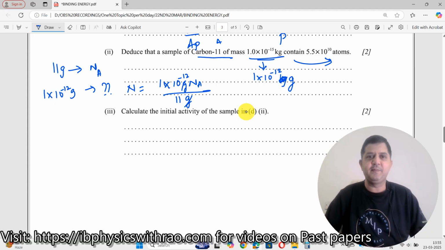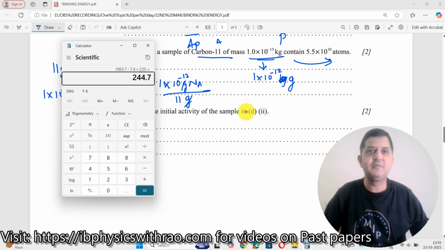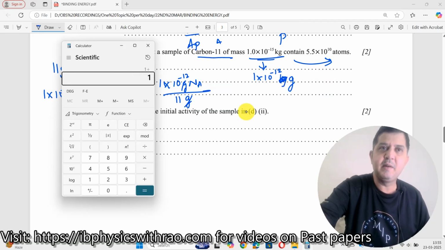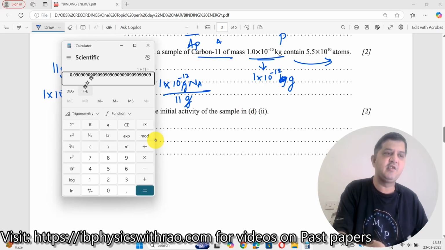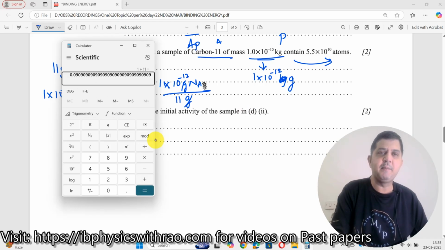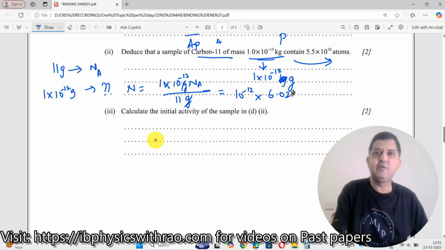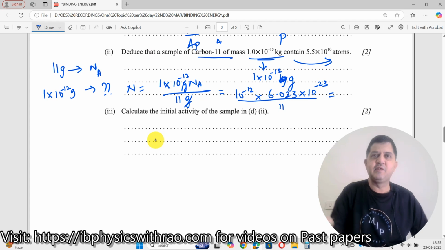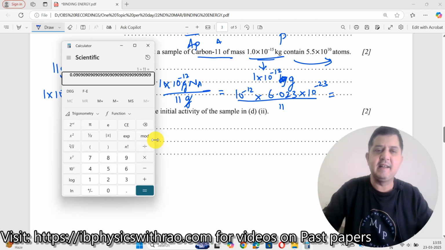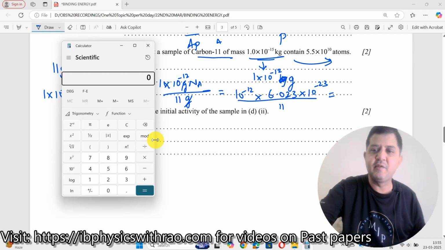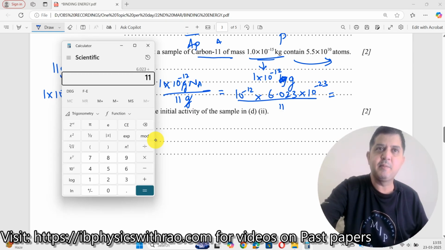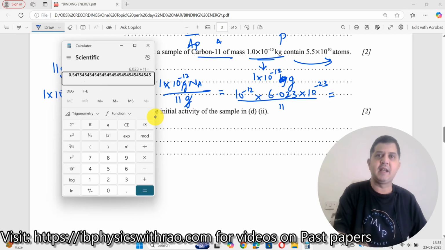So when I do this, let us find out what the value is. 1 divided by 11 will give me 0.0909. Oh my god, I made a mistake over here. So I will write this as 1 into 10 power minus 12, into, what's the value of Na? 6.023 into 10 to the power of 23 divided by 11. 6.023 divided by 11 is equal to 0.547.